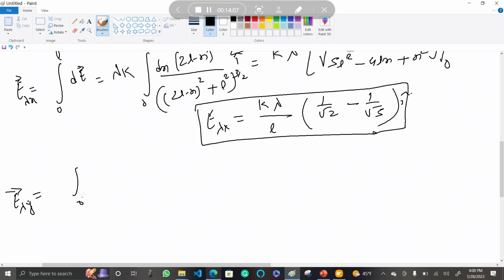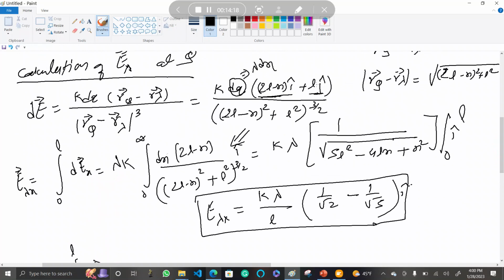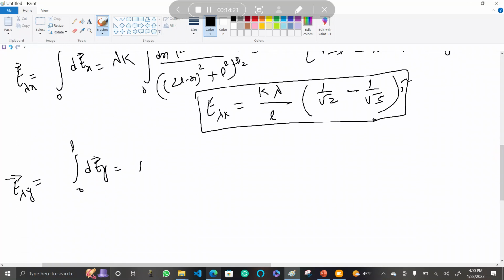I will have 0 to L, I forgot to write x, dy, which is equal to k lambda, and k lambda would be common, 0 to L, dx divided by.